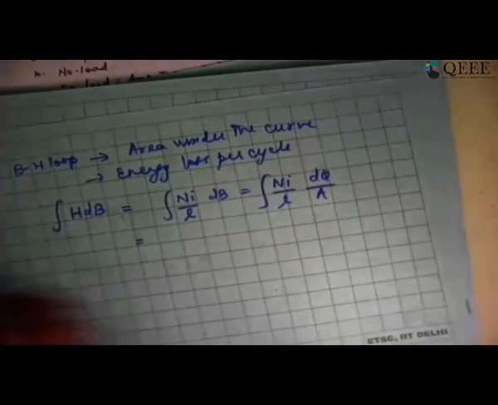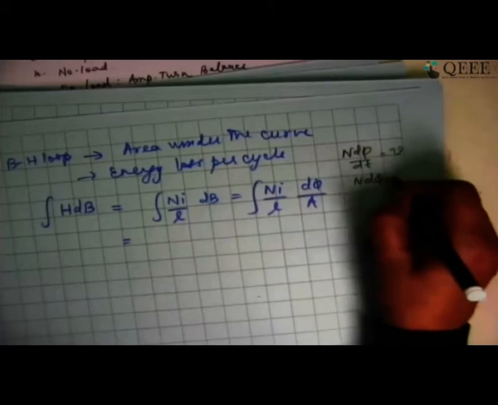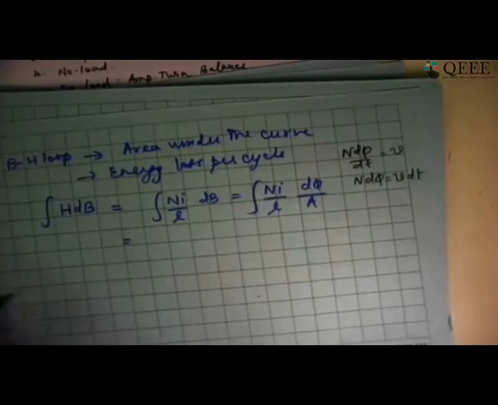But from Faraday's law, N d phi by dt is equal to voltage, or EMF induced. So I should be able to write that N d phi equals V dt, where V is the instantaneous value of voltage.